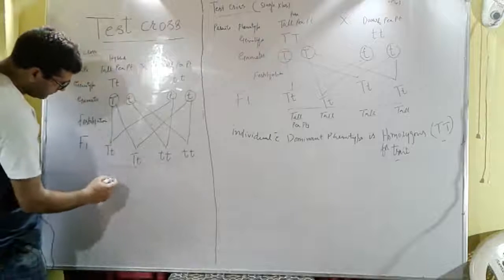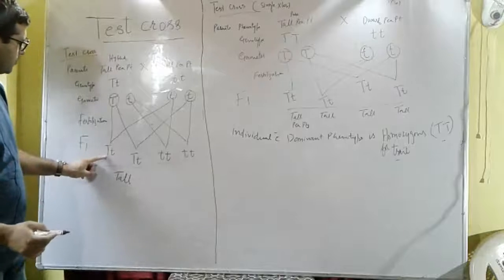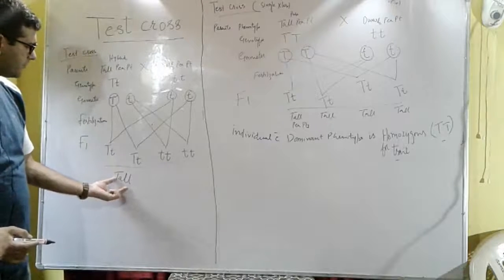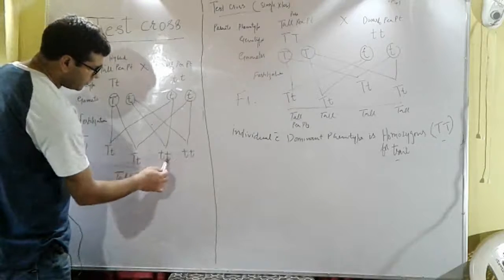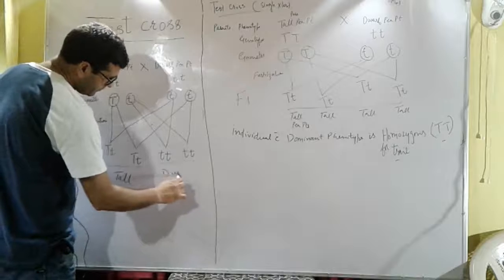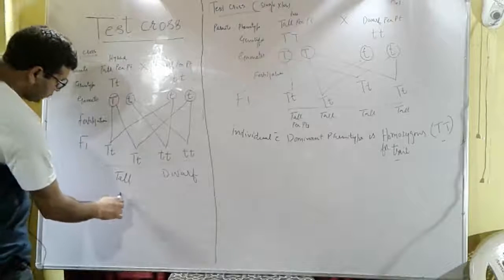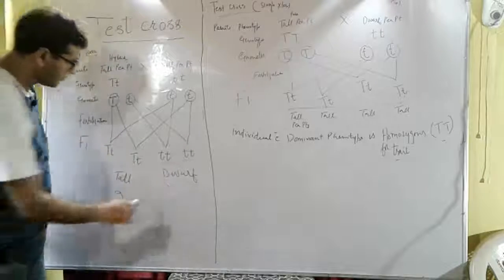One is tall, which has genotype capital T, small t, capital T, small t. That means the phenotype is tall. Then these two individuals, small t, small t, are dwarf. That means it is 2:2. Two individuals are tall, two individuals are dwarf.